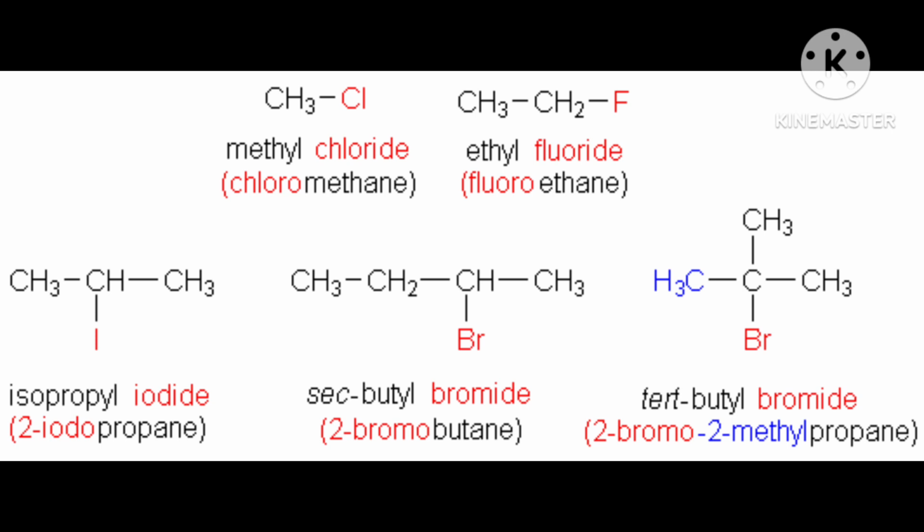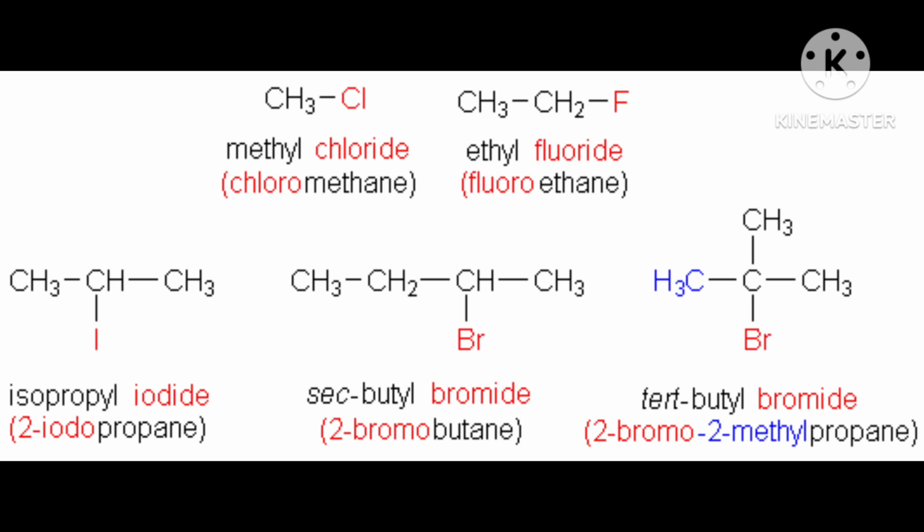Then again, the same way, 1-bromo, and on carbon number 2 a methyl group is attached. Then 1-bromo, 2-methyl, and total is 4. The long chain is 4 carbon.